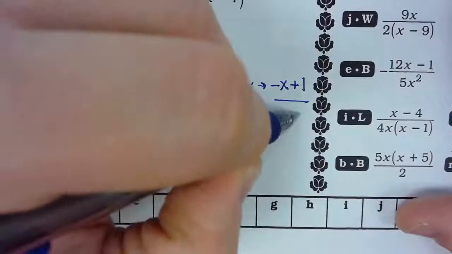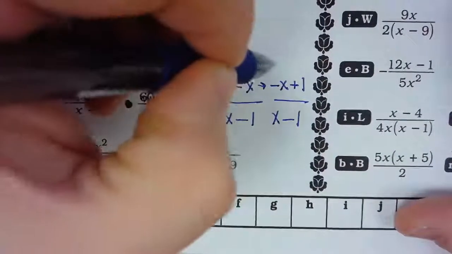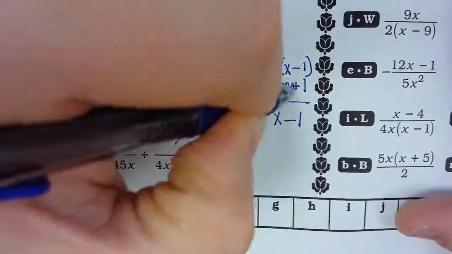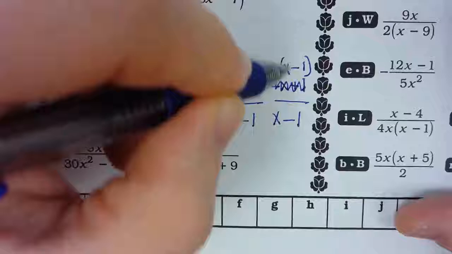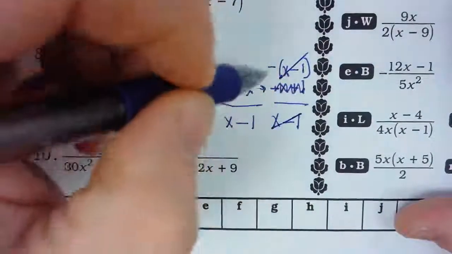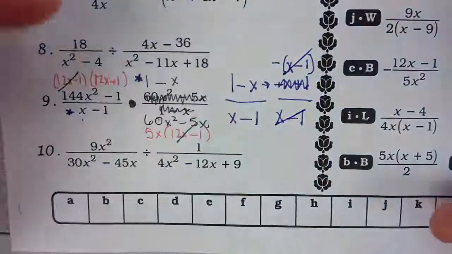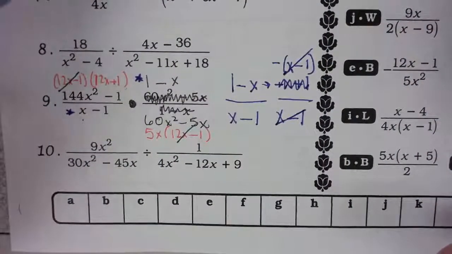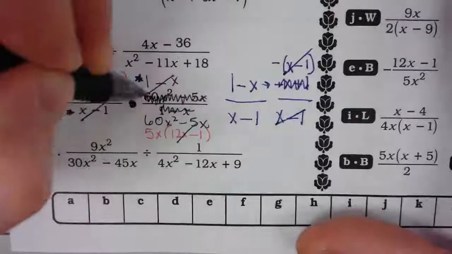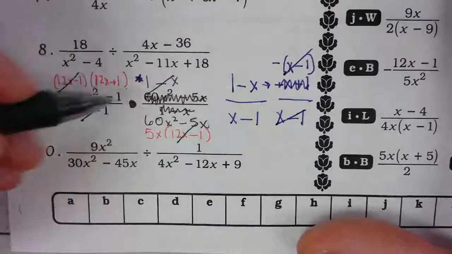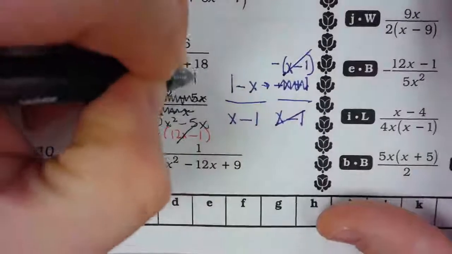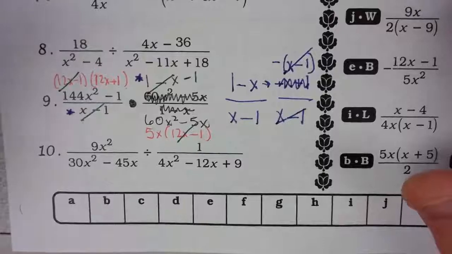I'm just switching the order of it. Then if I take out a negative sign, see how it's the exact same as that? But if I reduce it, there is just a negative sign left. So when you are reducing terms that have a subtraction sign, are the exact same, but are in the opposite order, they just reduce to a negative 1.